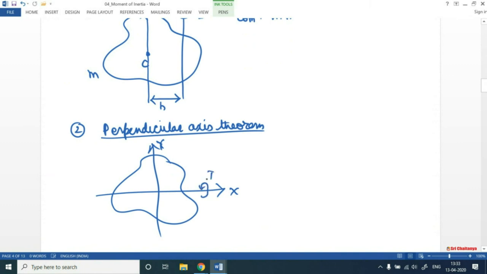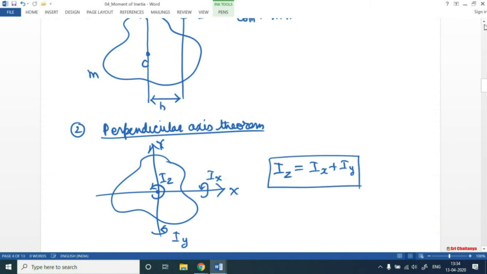We know the moment of inertia of this body about the x-axis, and about the y-axis, so we must be able to tell the moment of inertia of this body about the z-axis as well. This is all about the perpendicular axis theorem. It simply says Iz would be equal to Ix plus Iy, where you must notice that the plane of the body is the xy plane and the z-axis is perpendicular to the plane of the body. Okay, so this is the perpendicular axis theorem.